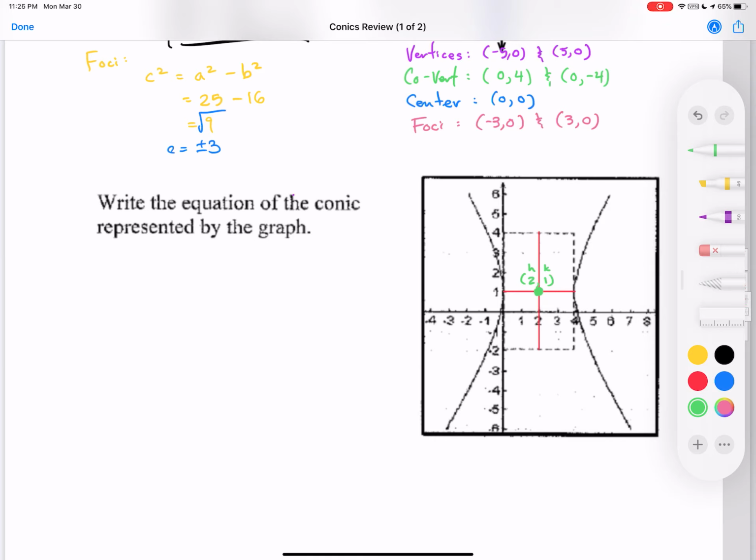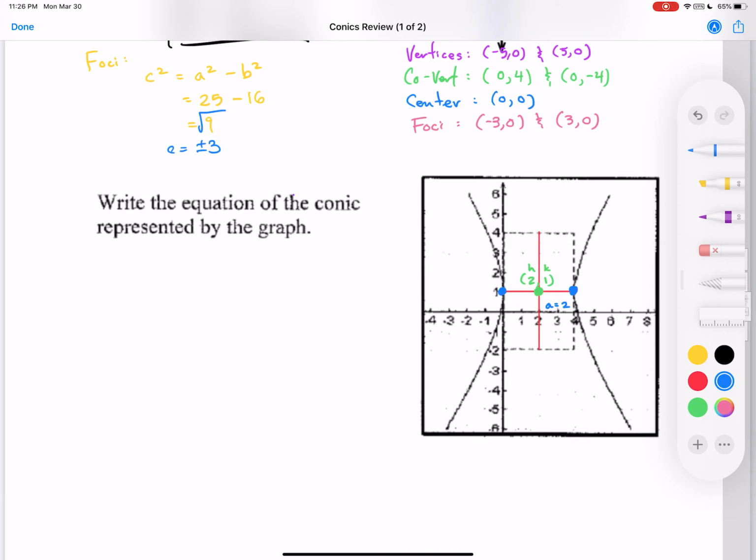The next thing that we need to know is that our vertices are going to be right over here. Our vertices are located at these two points, and all we need is the distance from the center to one of our vertices, and that's going to give us our a value. Now our a value is going to be 2.